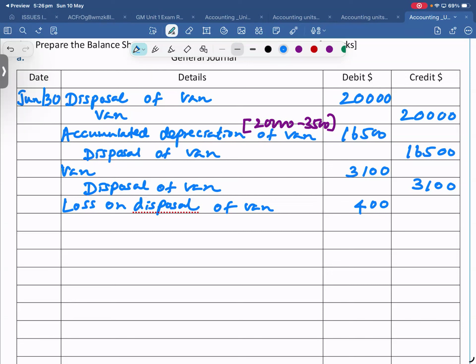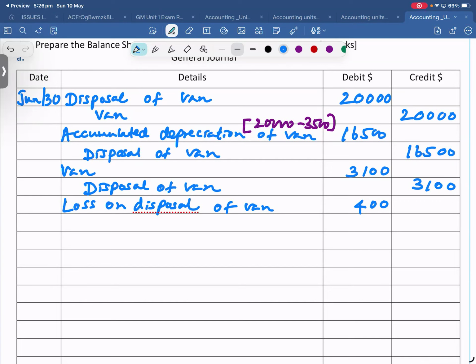What did overstated carrying value be because of? Under depreciation, yes, under depreciation, not over. If it was over, then we would get a profit on disposal. So why do we have an under depreciation?